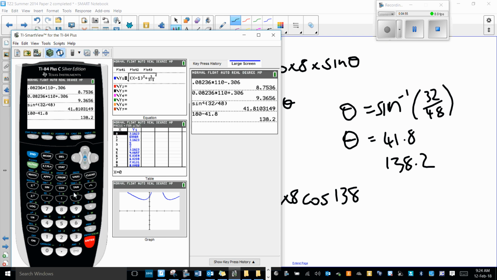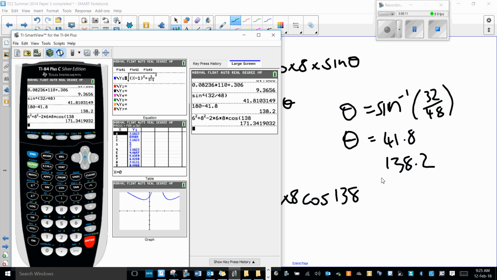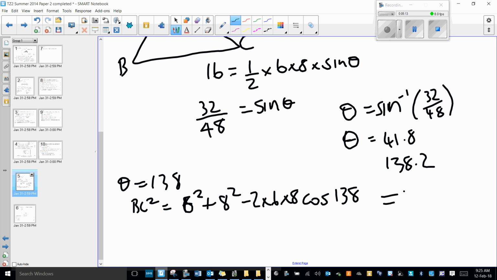So 6 squared plus 8 squared minus 2 times 6 times 8 times cos 138. What was it, 171? So that was 171.34.